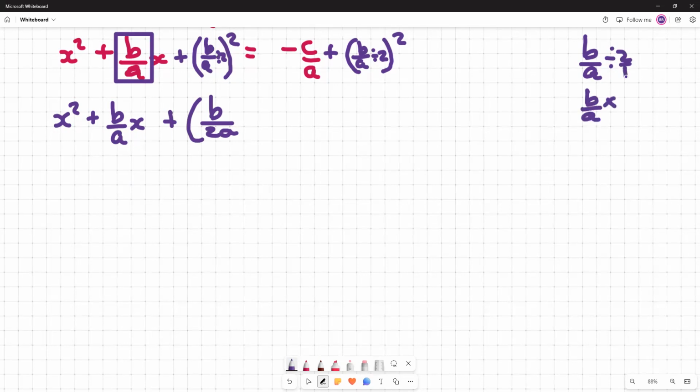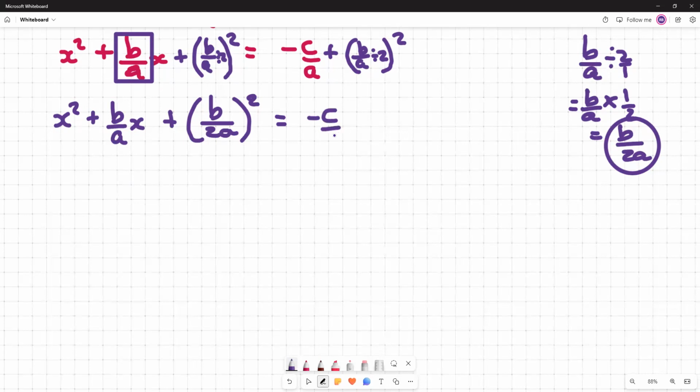Remember, this is 2 over 1, so it's going to be multiplied by 1 over 2, which becomes b over 2a. Do you see it? So the bracket becomes (b over 2a) squared, and then you have minus c over a plus (b over 2a) squared. All right. Now we need to simplify the brackets.